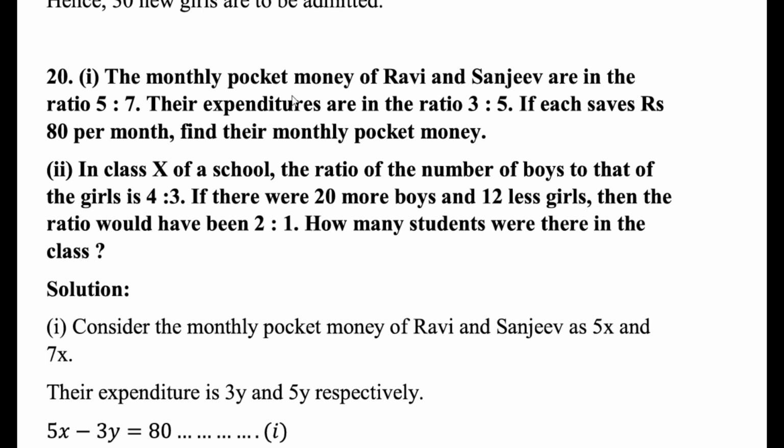The monthly pocket money of Robi and Sanjeev are in the ratio 5 is to 7. Their expenditures are in the ratio 3 is to 5. If each saves rupees 80 per month, find their monthly pocket money.